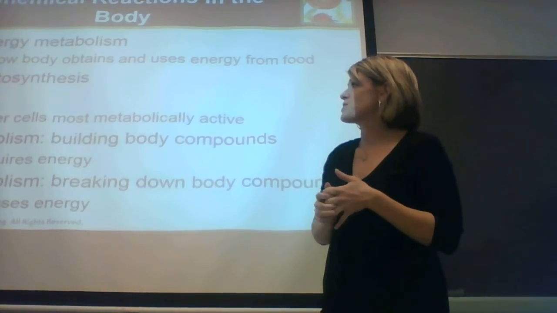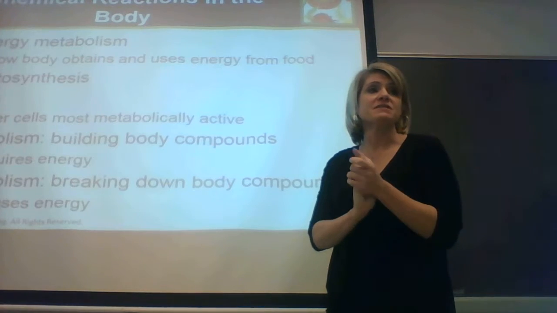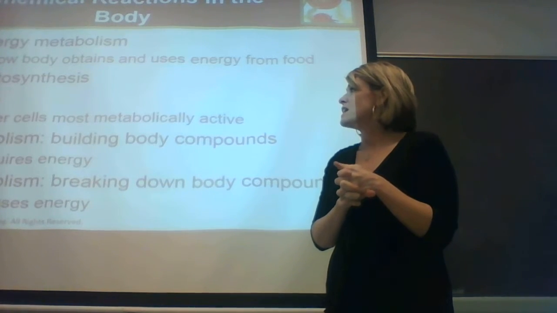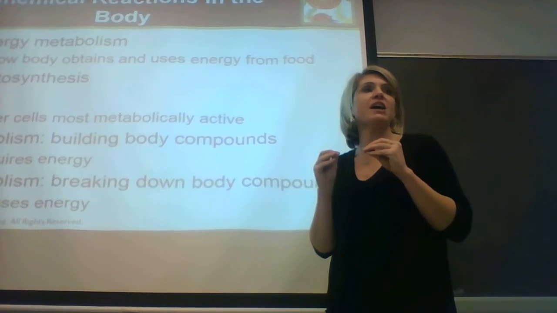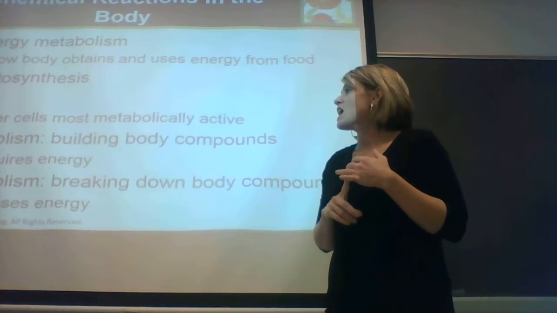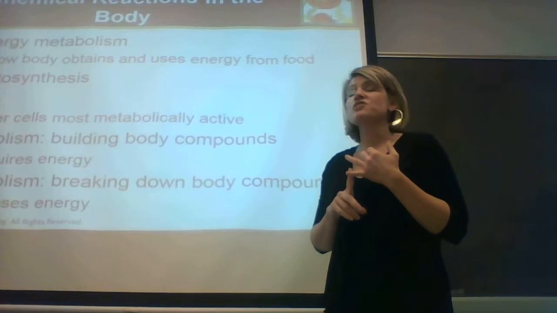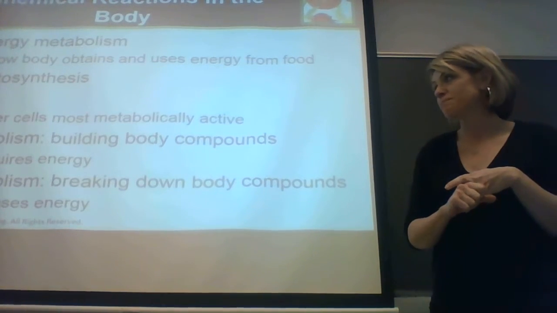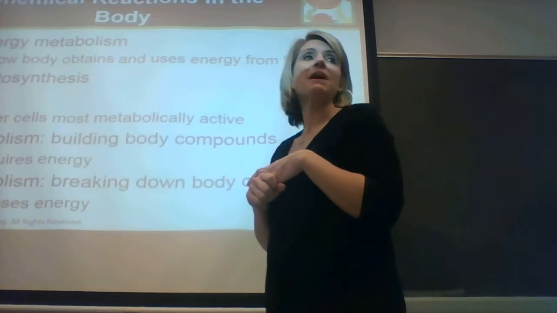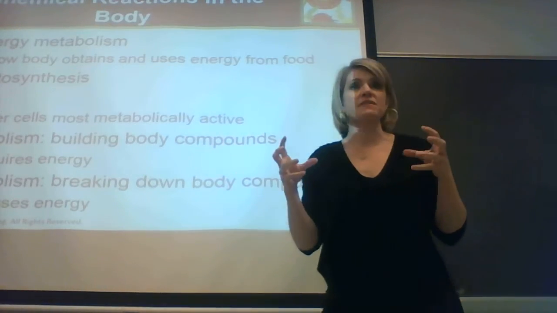Your liver cells are the most metabolically active. They play one of the key roles in metabolism. And during metabolism, you've got two types of reactions going on. You've got anabolic reactions, or anabolism, and you've got catabolic reactions, or catabolism. Anabolic reactions are when you're building things.